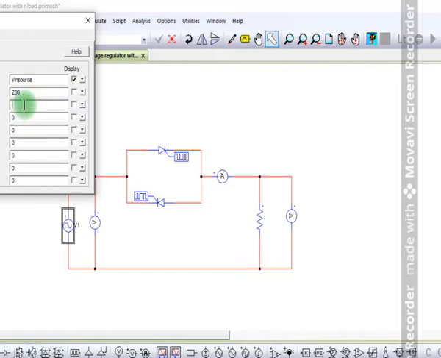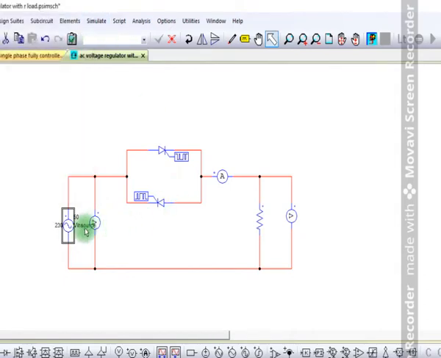Frequency is 50 Hertz, and if we want, we can click it and it will be displayed. If you want, you can move it anywhere like this. There is no restriction, you can move it how you want. You just click it and drag it and put it wherever you want.